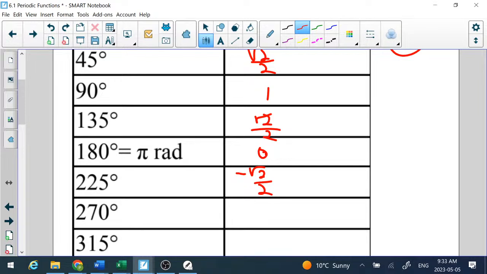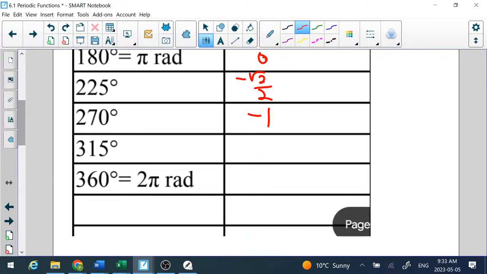All right, and what's the 315? The y coordinate for 315?